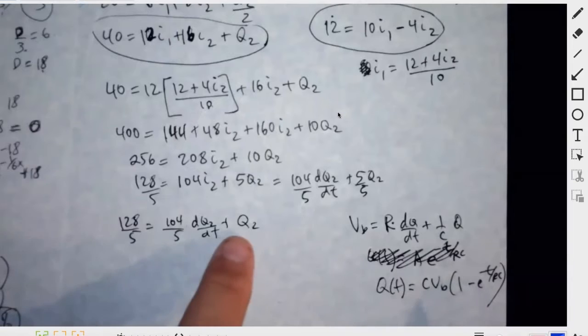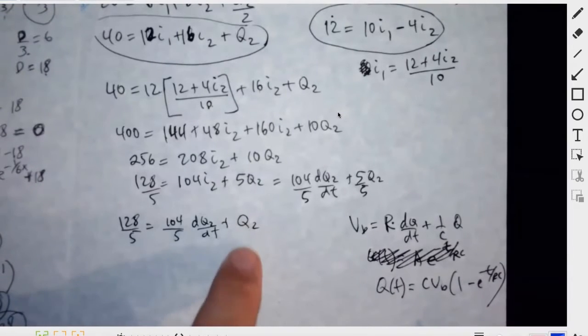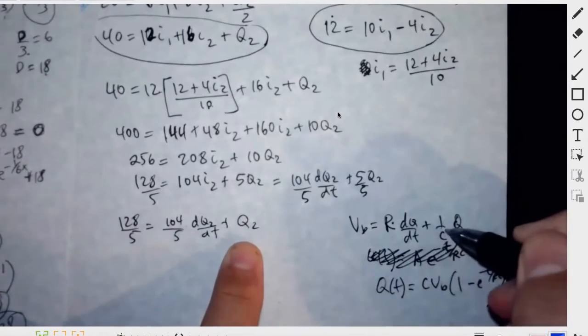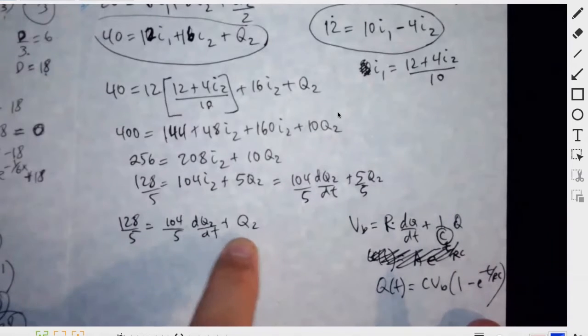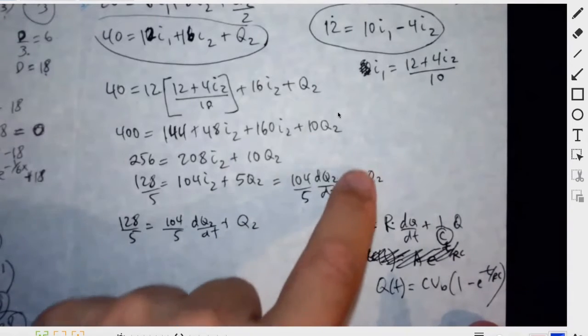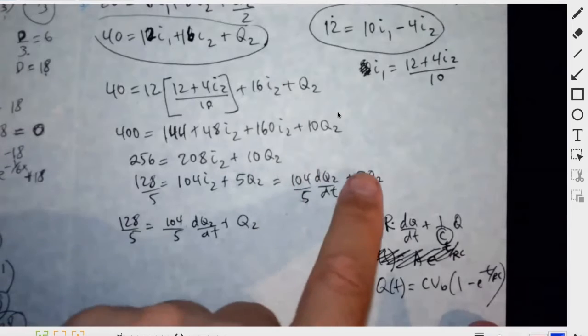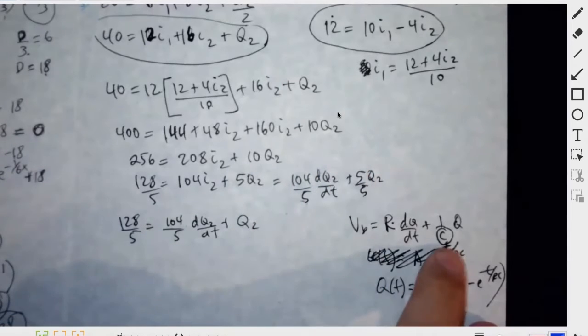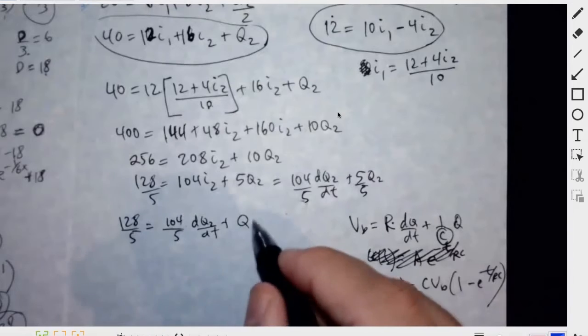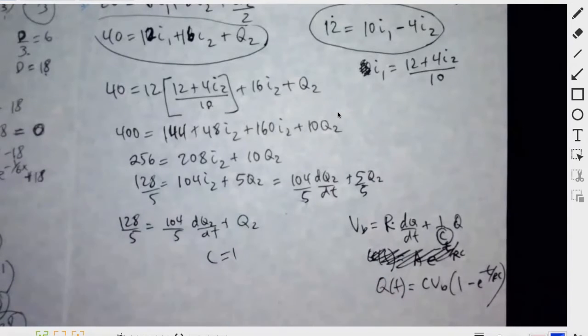So in my case, what's my C value? It's just 1, because I've divided everything over. So this is gone. My C value is 1. What's my R value?